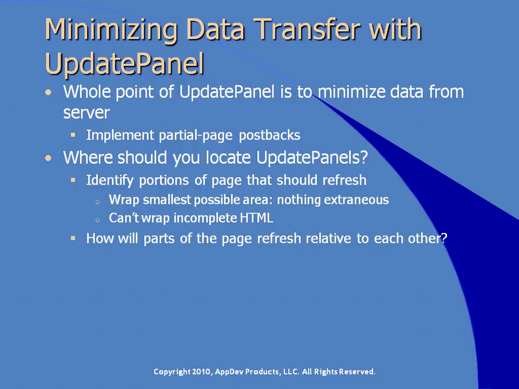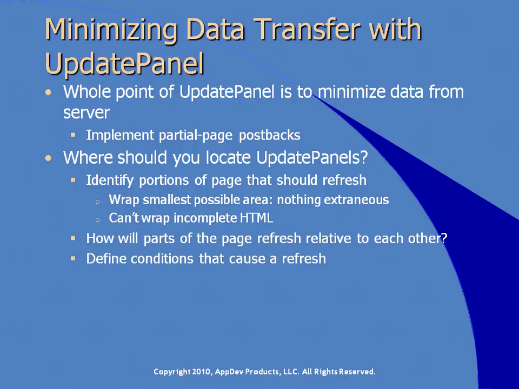You also need to examine how different parts of a page will refresh relative to each other. Should all areas on the page that can refresh in response to a user action always refresh? Or should just one or two? The update panel's UpdateMode property gives you granular control over refreshing multiple areas on the page.